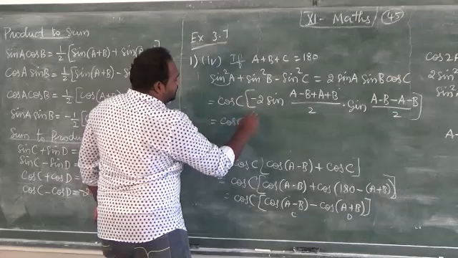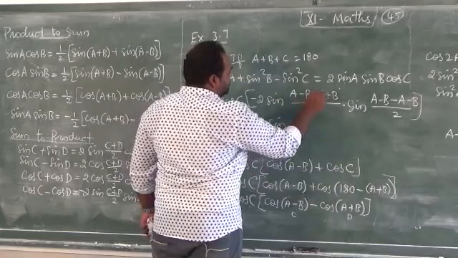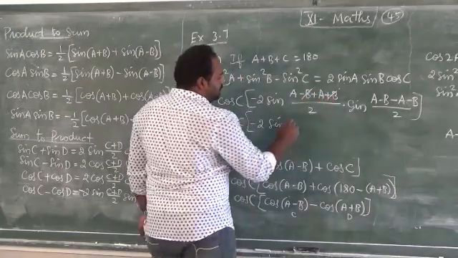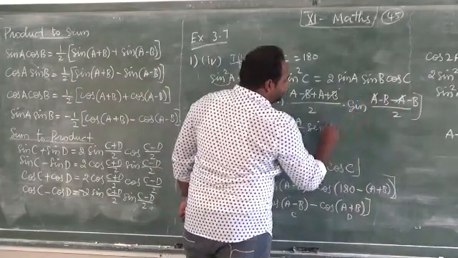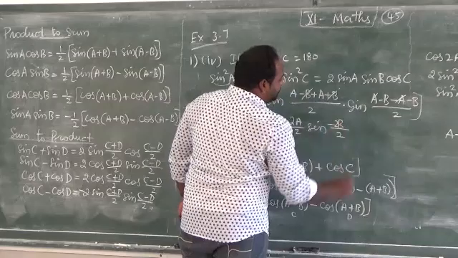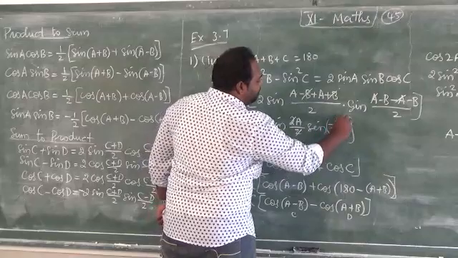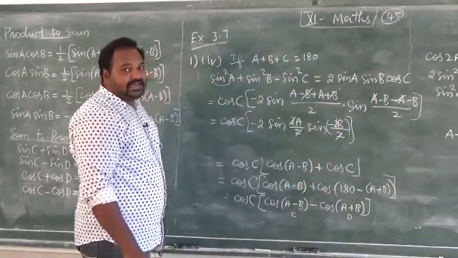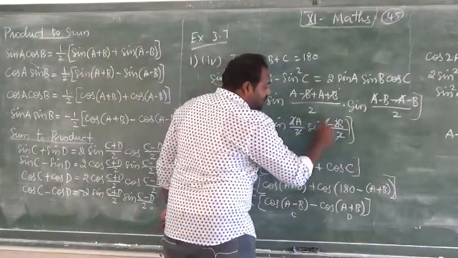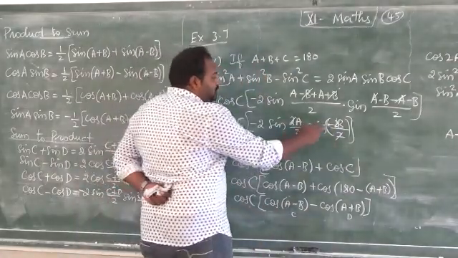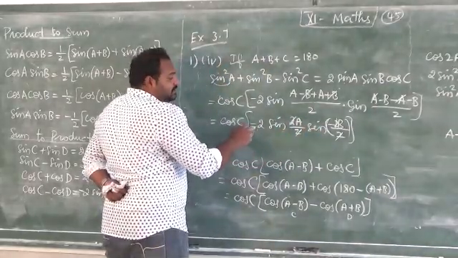Now cos C equal to minus 2 sin, here we have cancellation in B, 2A by 2, sin of A, minus B, sorry, 2B by 2. Here 2 cancel, here also 2 cancel. Here sin of minus B, sign of negative will be positive. When you have a negative in theta value, we have to bring the minus outside. So when you bring minus outside, already we have minus here, so it will become positive.